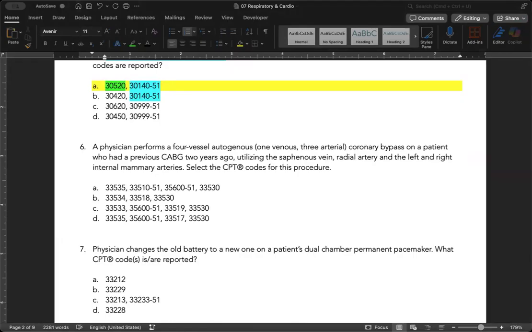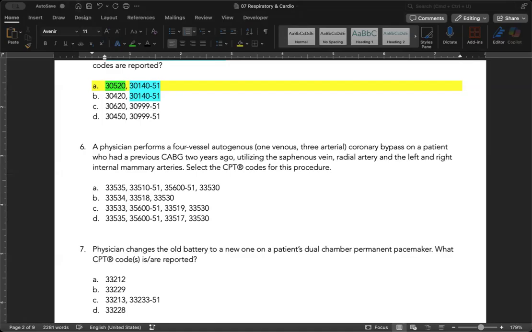So we'll go to CABG, or the coronary artery bypass graft, in the alphabetic index. Okay, so remember, we're doing every other one. So fill in the blank on this one: coronary artery bypass graft is where we're going to go in the alphabetic index. I'm flipping here myself.